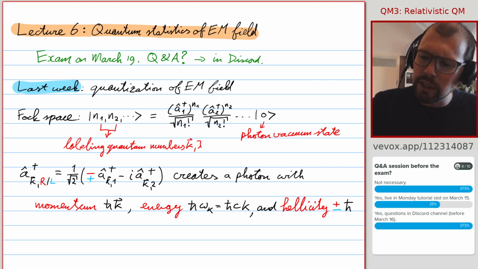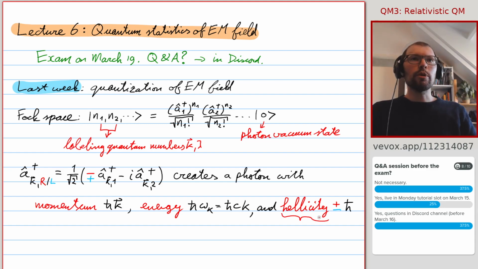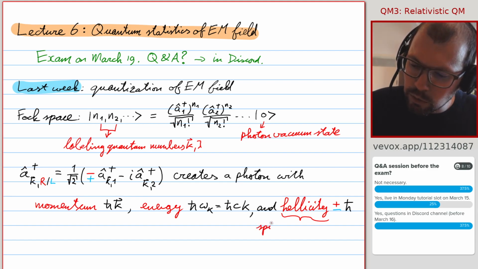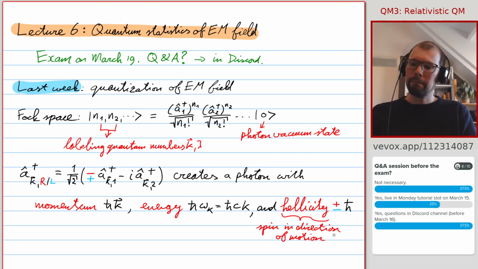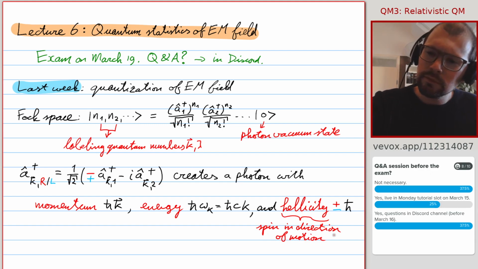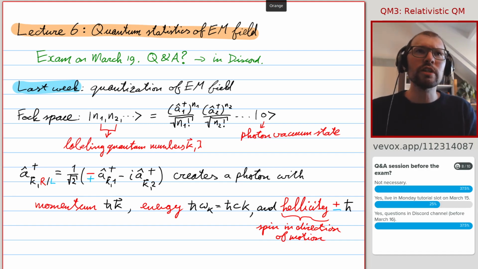Now, what was helicity again? Helicity, that was the spin of the particle in the direction of its motion. So spin in direction of motion. Okay. And what did you do in the exercises?